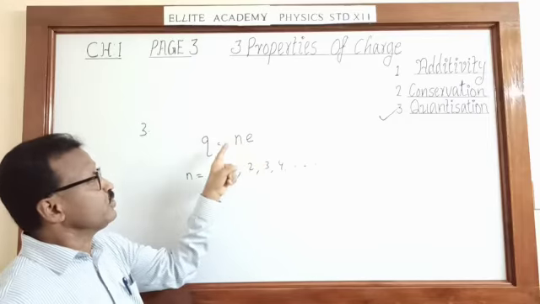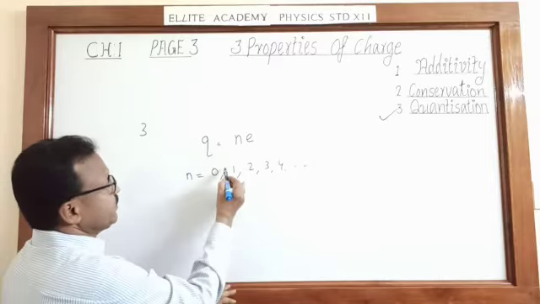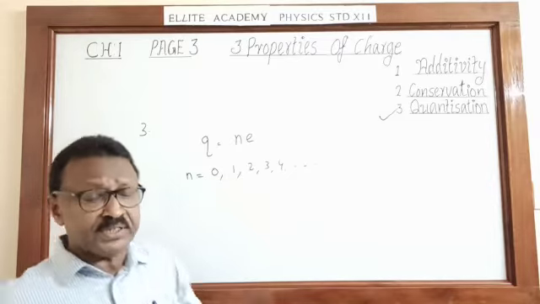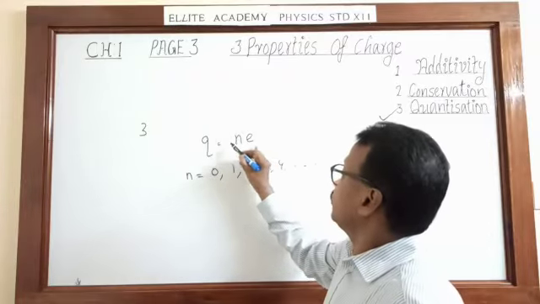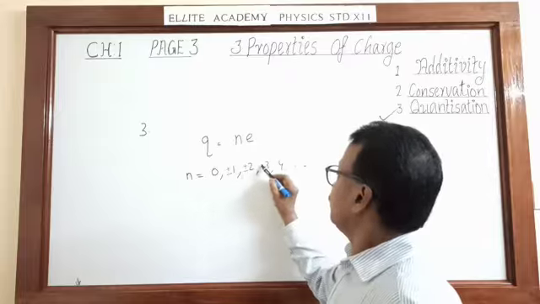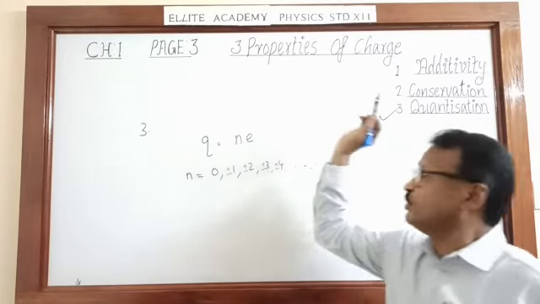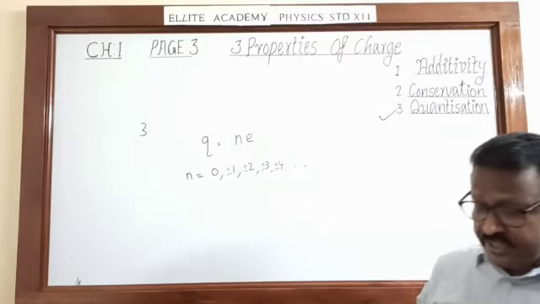The other charges possible are multiples of that. It can be positive or negative. So it can be plus or minus 1, plus or minus 2, plus or minus 3, plus or minus 4, etc. If it is plus, positive charge. If it is minus, negative charge.